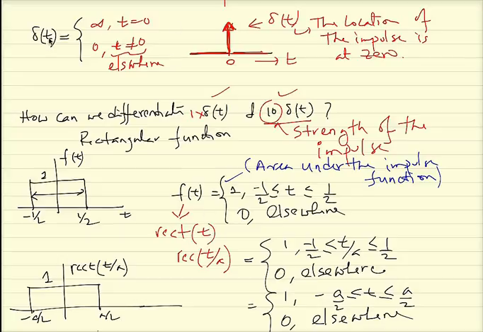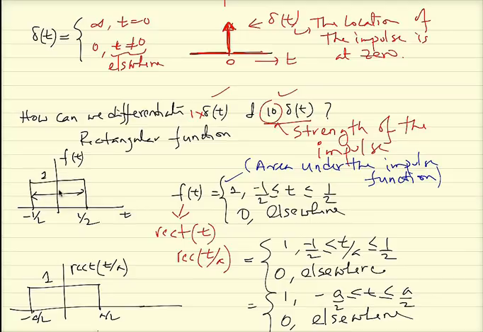For this we use a special notation. Here we have used delta t to express the impulse function. Similarly, to express the rectangular function, we use rect t. So this rect t function is a rectangular pulse with a duration of 1 second. You see that, this is the duration.